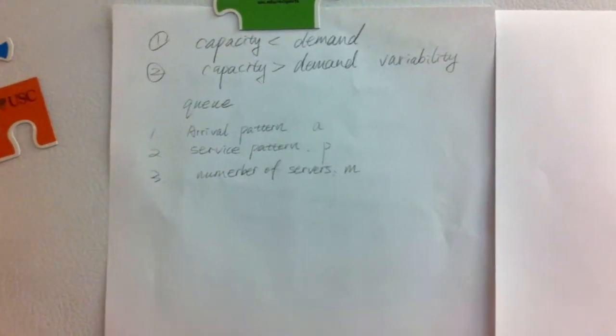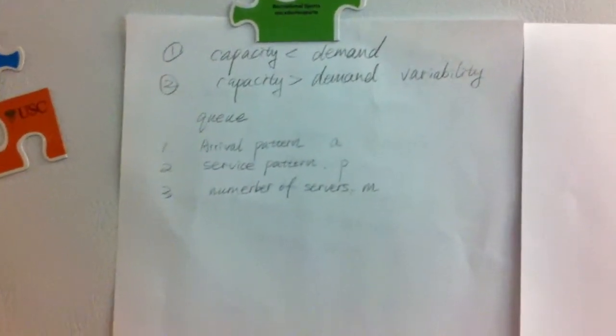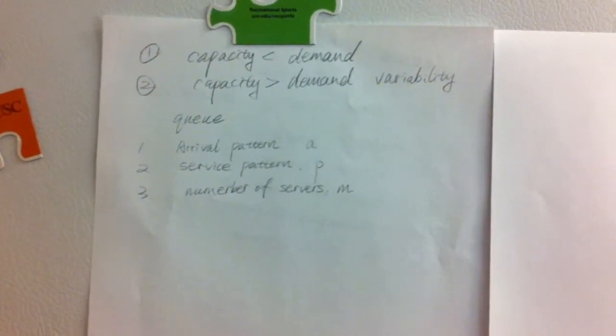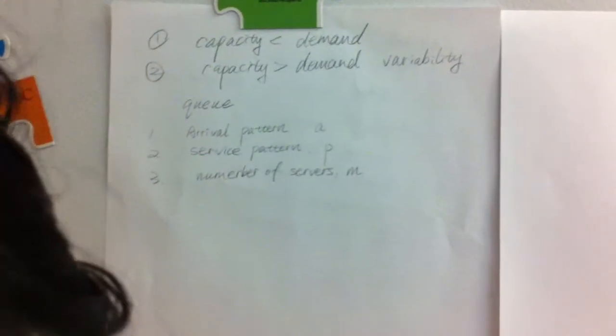Now let's introduce the equation for a waiting line system. It's a long equation, but I will break it down afterwards, so don't worry.